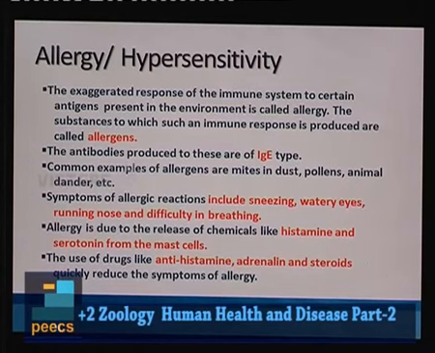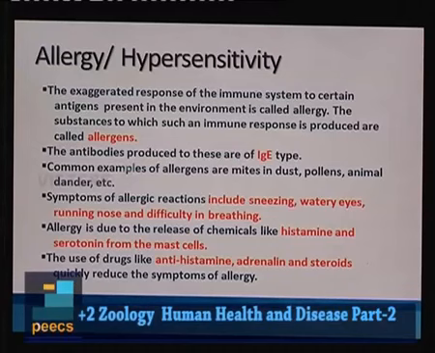In response to these allergens, our body will produce certain antibodies. I told you there are 5 different classes of antibodies, and of them the IgE type, or immunoglobulin E type, will be produced in the case of allergic response.